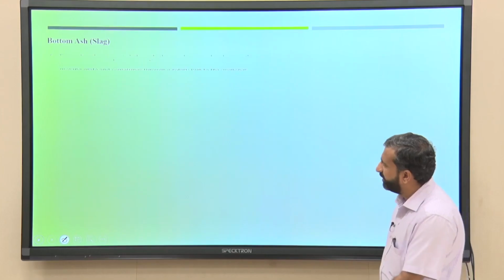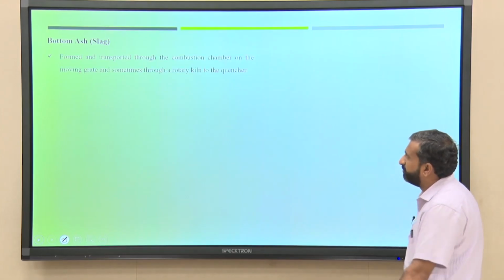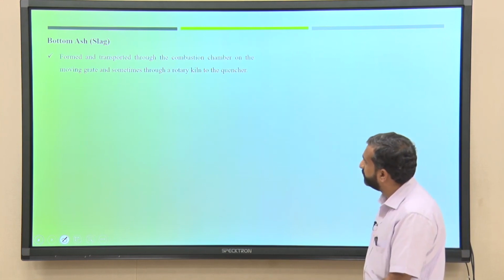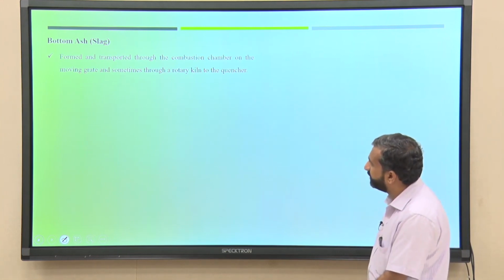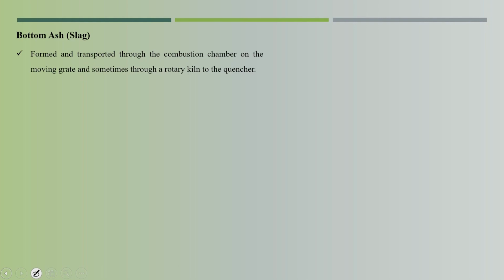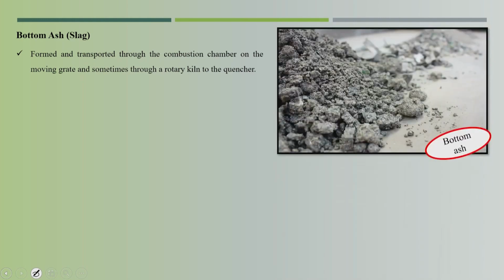The first is the bottom ash. It is formed and transported through the combustion chamber on the moving grate, and sometimes through a rotary kiln, to the quencher. The temperature of these ashes is very high and the size is small, so storage is actually very difficult, and even in coal plants a lot of particulate matter is produced.